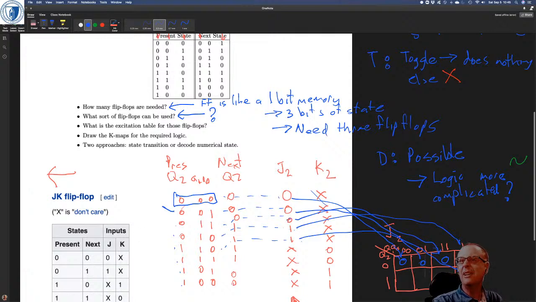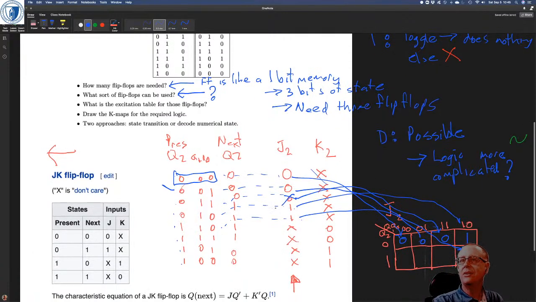That one shouldn't be there, and that should go there. That one's wrong. That's the other problem. Let me start this again.